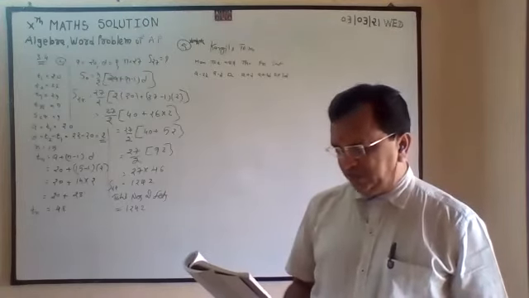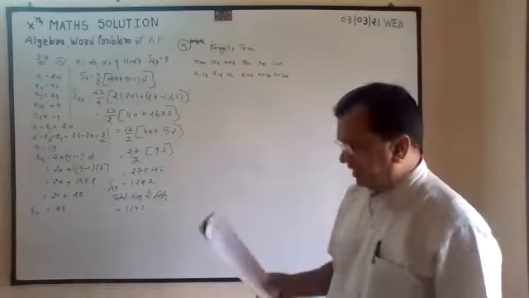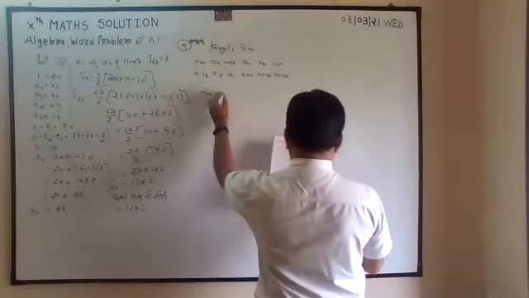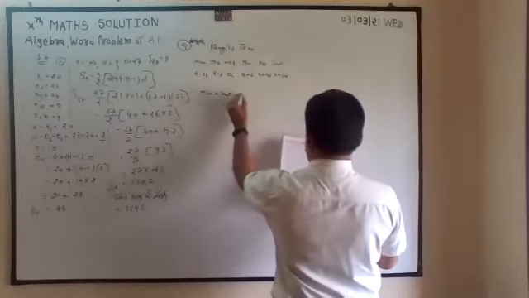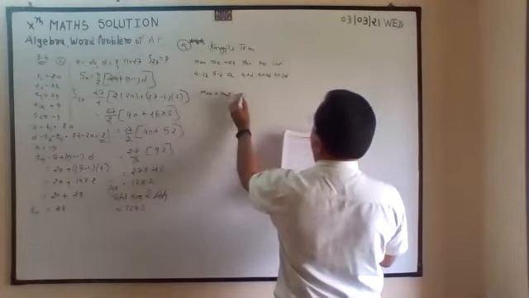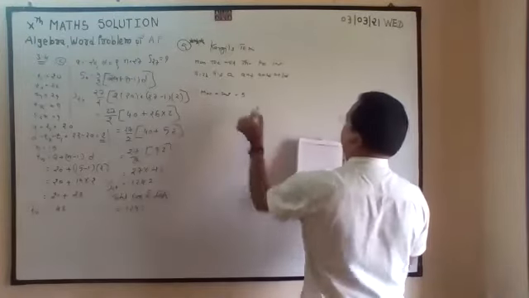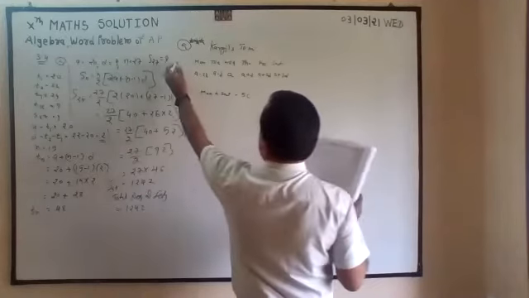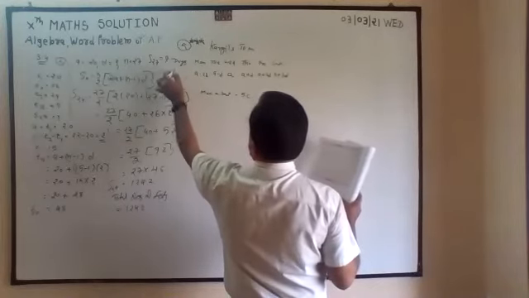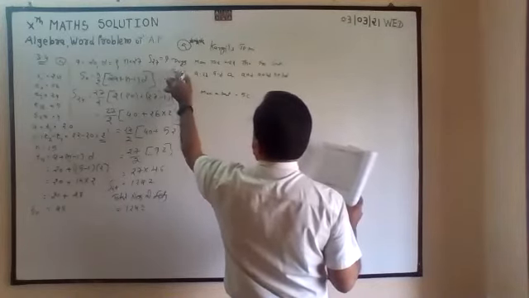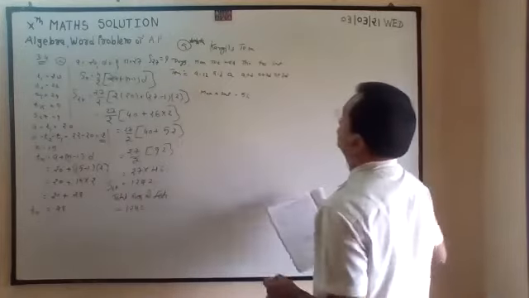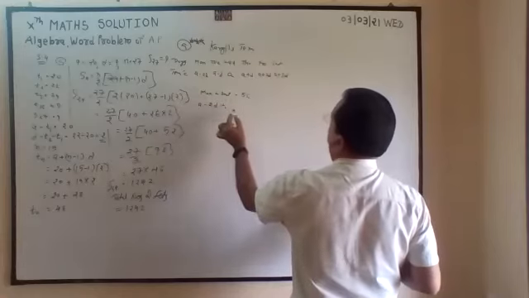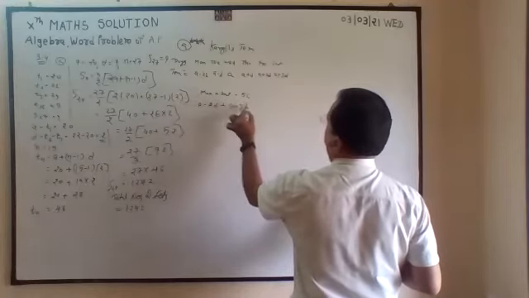The sum of the temperature of Monday plus Saturday was 5 degrees more than the sum of the temperature of Tuesday plus Saturday. These are days, temperature in degree centigrade. So Monday is A minus 2D, Saturday is A plus 3D.